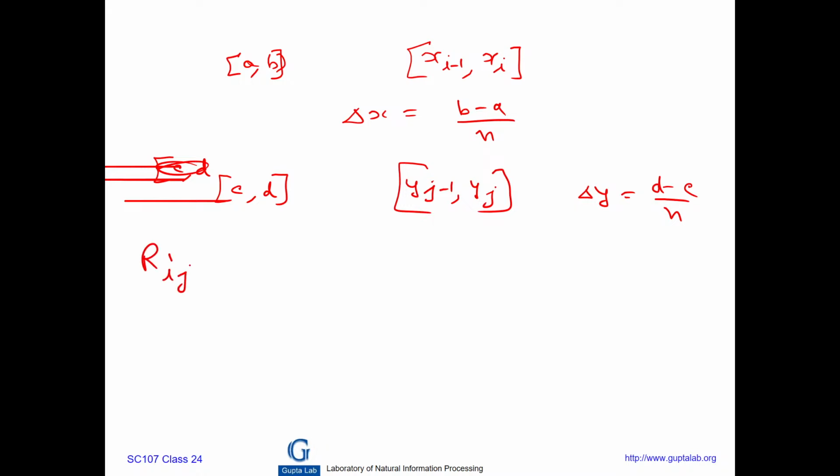So we are forming the rectangle Rij, xi minus 1 comma xi, cross product yj minus 1 comma yj, right?